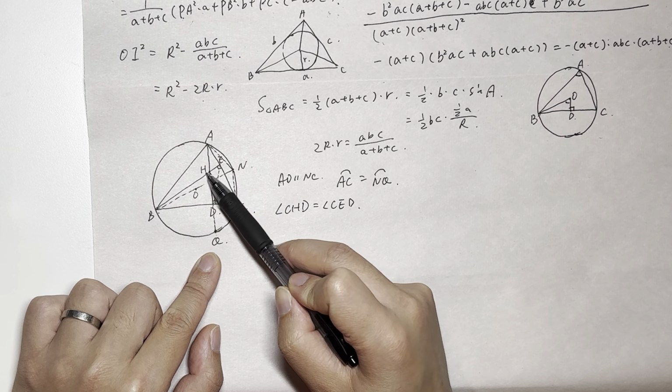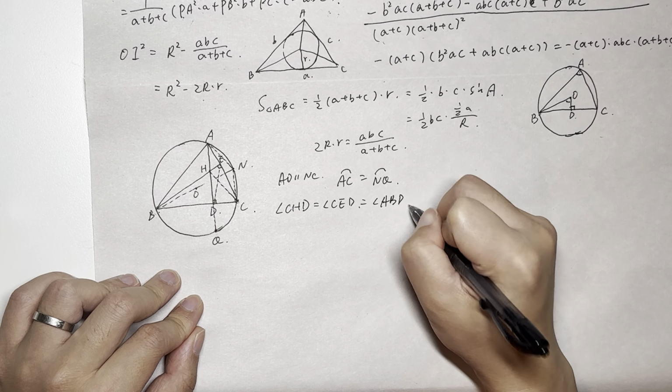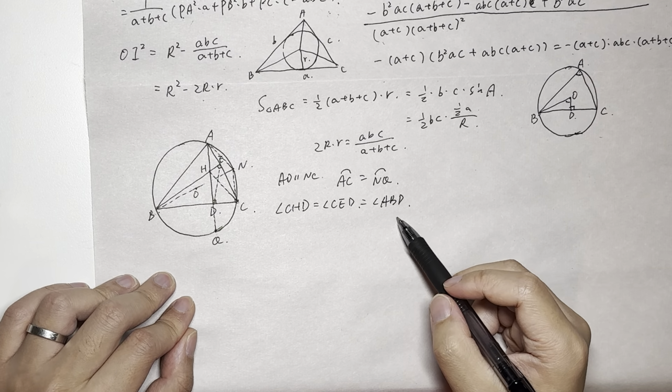It is important. And see here, because angle AEB equals angle ADB equals 90 degrees, AEDB is a cyclic quadrilateral as well, which means angle CED equals angle ABD or ABC, right? So CHD equals ABD.